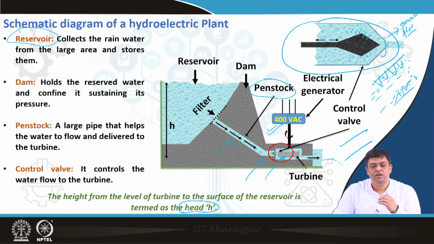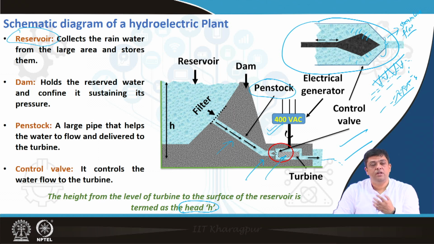You will understand slightly more details about this term head, and how the loss because of frictional forces actually reduces this value of h, and that loss is called the head loss, and that will become clear in a subsequent slide.